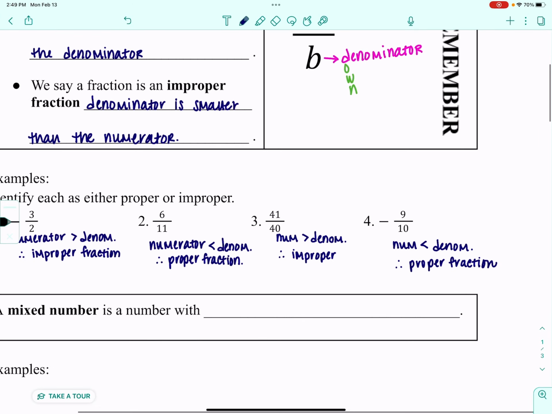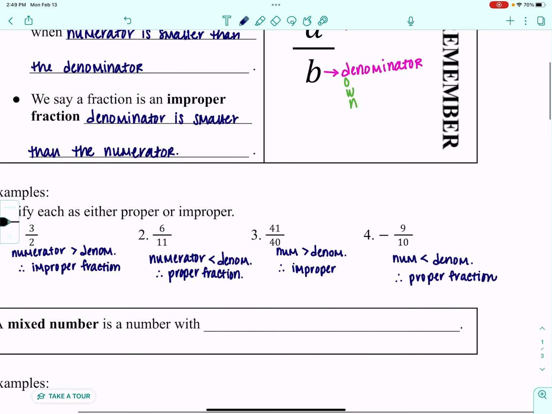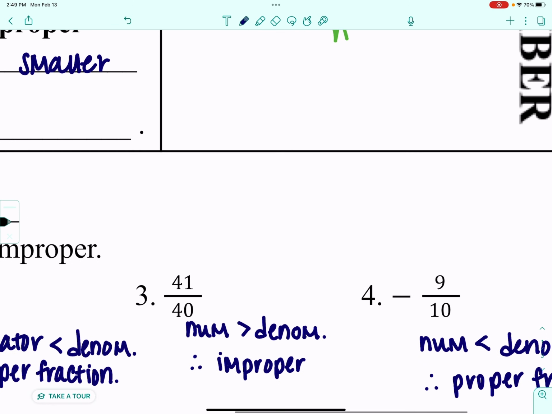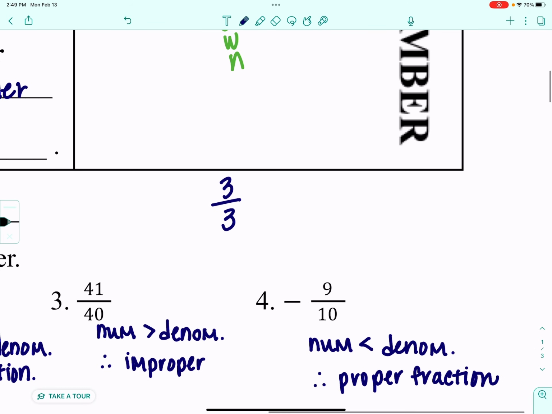Now there's one that's not in here. Let's say you were given 3/3. What do we do when the numerator equals the denominator?